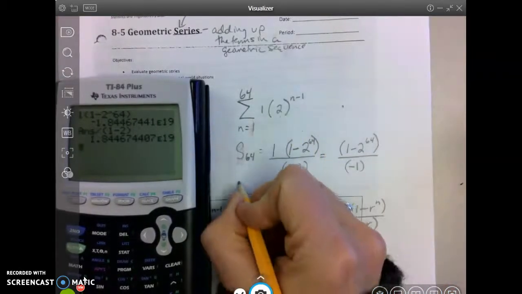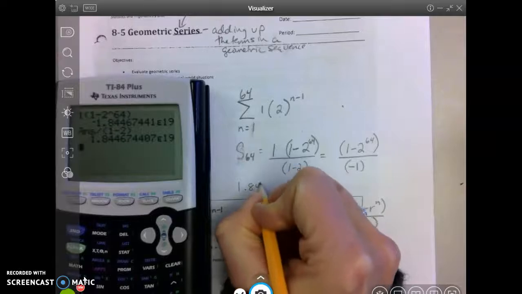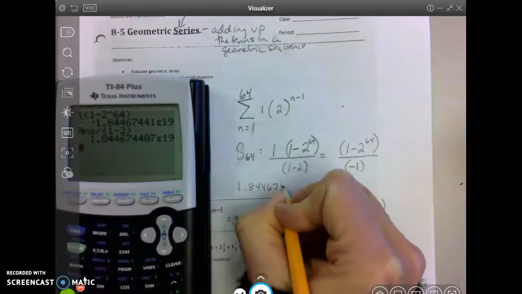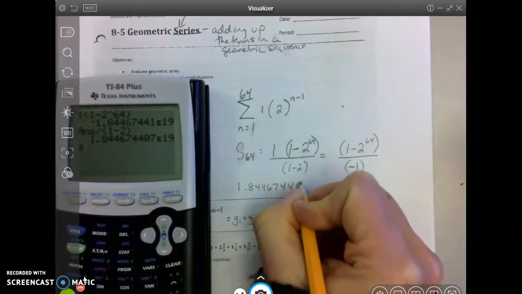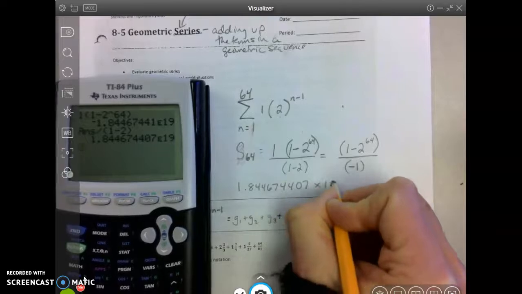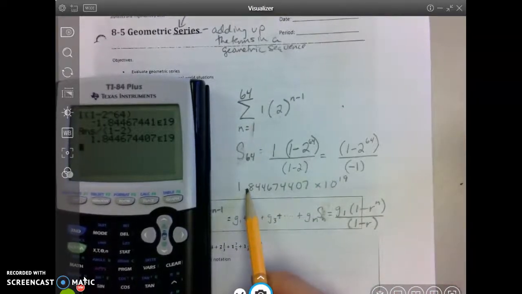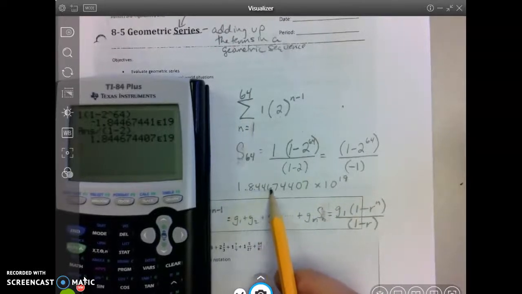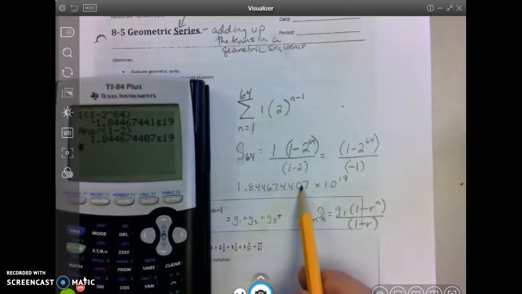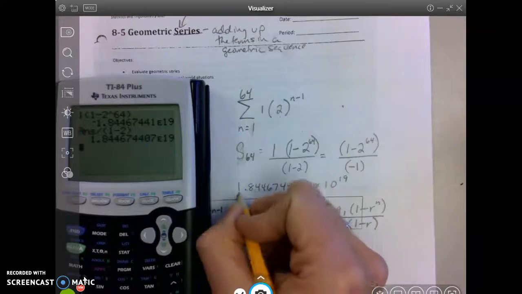And I get 1.8446744407 times 10 to the 19th, which means I'm going to move this decimal 19 places. 1, 2, 3, 4, 5, 6, 7, 8, 9, and add 10 zeros.